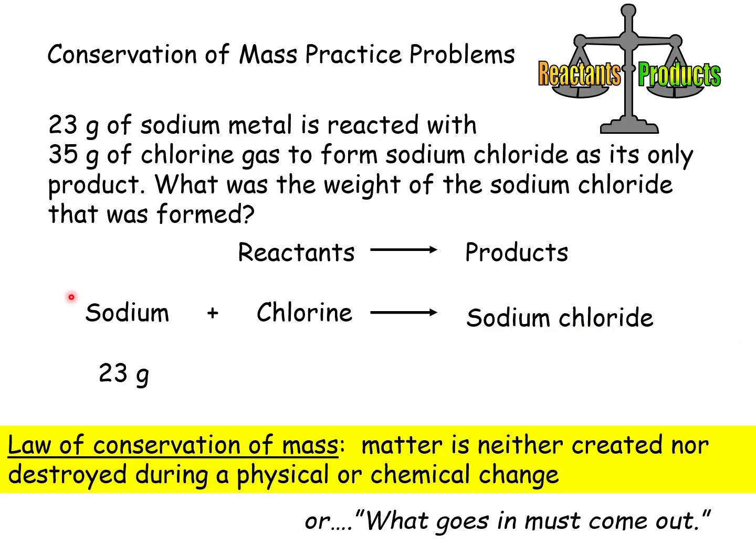So now I write the numbers down. We had 23 grams of sodium, 35 grams of chlorine, and so you say, all right, well, how many grams of sodium chloride? Key there is that it says that it has sodium chloride as its only product. So that means all of the sodium and all of the chlorine gets used up. So it's just a matter of adding them together. So you had 58 grams of stuff going into the reaction, and you better have 58 grams coming back out of the reaction.